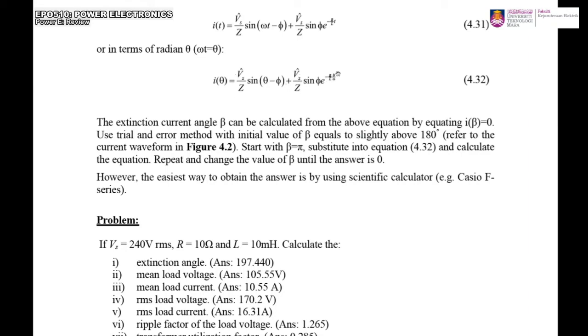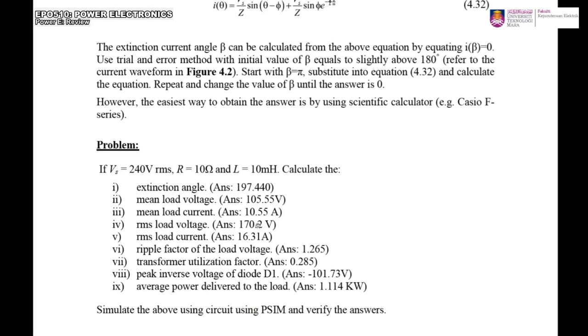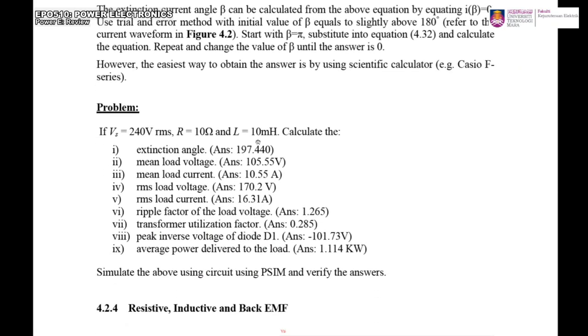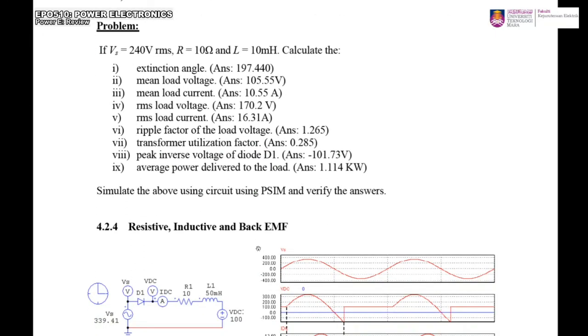You use the equation and put in the value of theta and everything, so you can look for your beta when you set this equation equal to 0. And please use PSIM again to verify the equation.